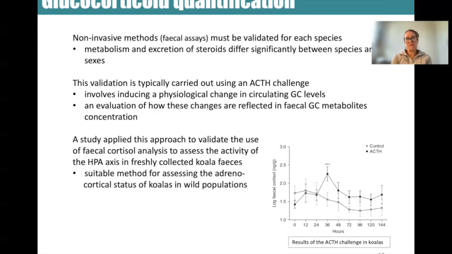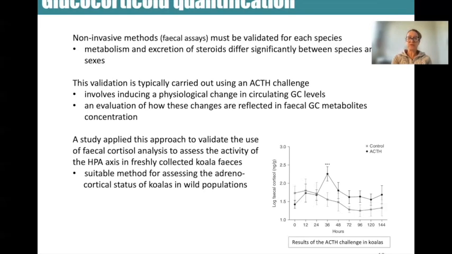So yes, non-invasive methods need to be validated for each species, as metabolism and excretion of steroids will differ significantly between species as well as sexes. So this validation is typically carried out using an ACTH challenge, which involves inducing a physiological change in circulating glucocorticoid levels via injection of ACTH. And then there is a process of an evaluation of how these changes are reflected in the faeces.